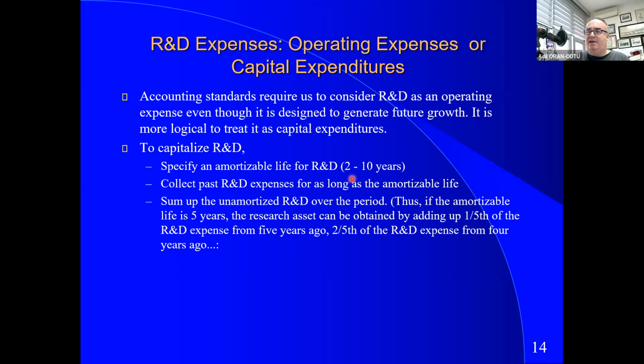But for an R&D expenditure from 5 years ago, half of it would have been depreciated already. So only 50% would be remaining. So you need to calculate the unamortized portion of the R&D and add them up to understand what your research and development asset would look like.